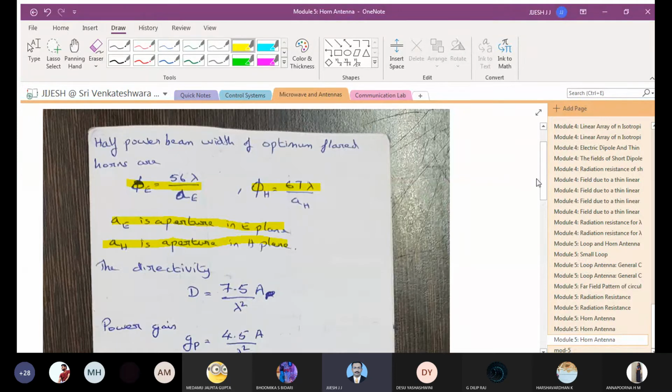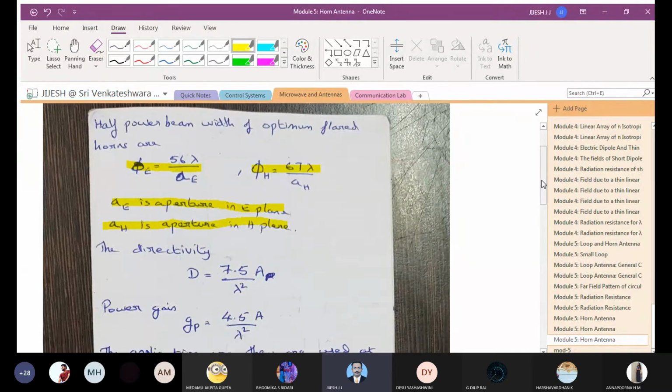So this is the half power beam width of optimal flared horn, which is with respect to the aperture.